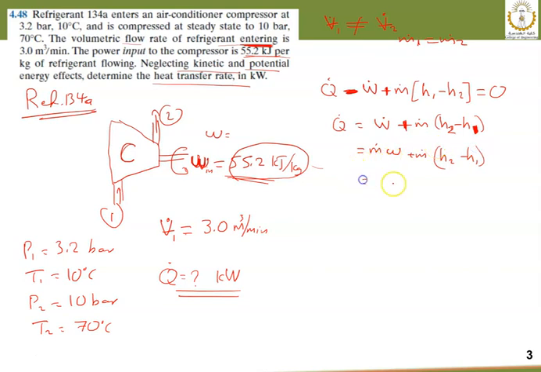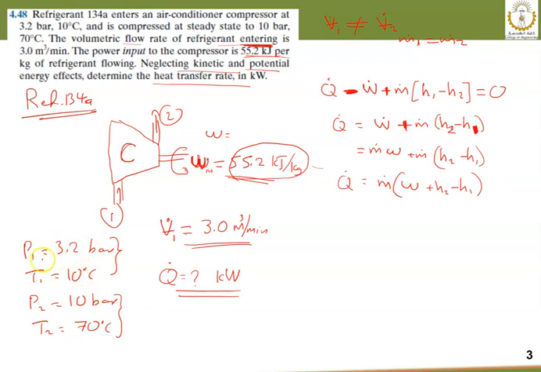So this is m dot omega plus H2 minus H1. This is Q dot. Now we need to find m dot. All what we have is the volumetric flow rate, but we can find it, because at the inlet we have two independent and intensive properties, and also at the outlet. But we need to know what phase this is.